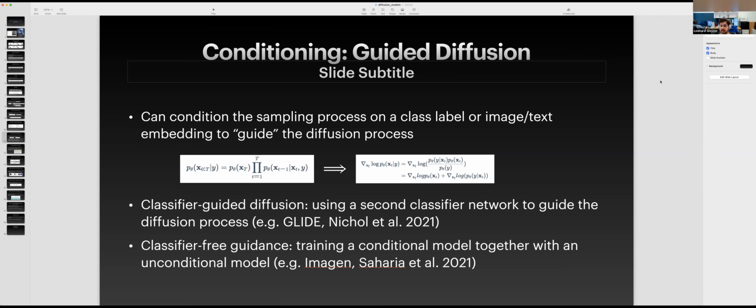Training a second classifier network to guide the diffusion process conditioned on class labels is one option, in the Glide paper. That was a popular one. There's also classifier free guidance, so training a conditional model together with an unconditional model and having one kind of guide the other. That's Imagen.